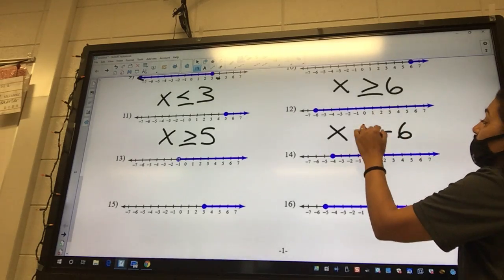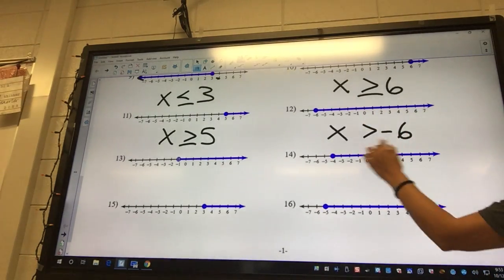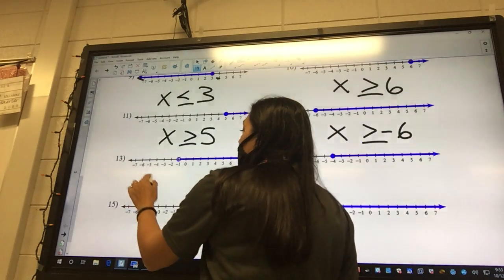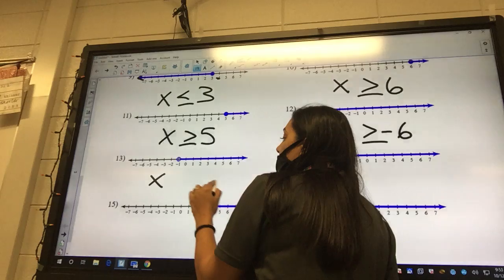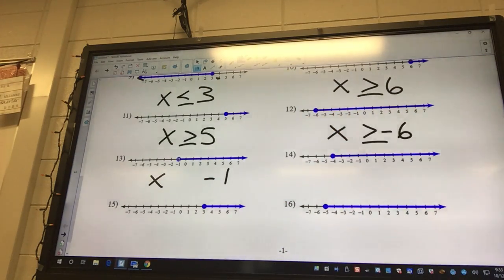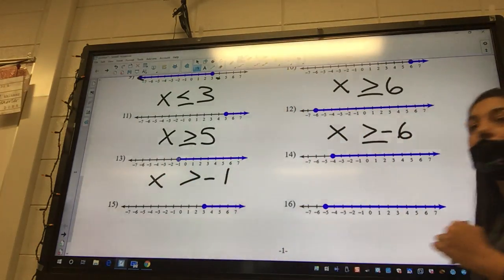To the right. Should it have a line under it or no? No. For 13, we can write x, negative 1. Which way is it going? To the right. Should it have a line under it? No.